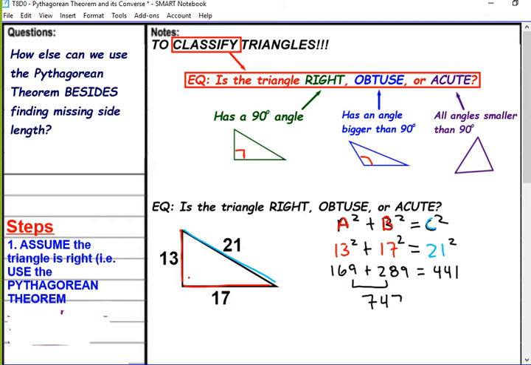But wait a minute, if you look at the two sides, they are not actually equal. 458 is not the value I'm getting for c squared. This tells me right away that this is not a right triangle.